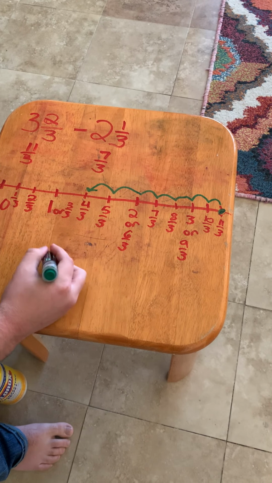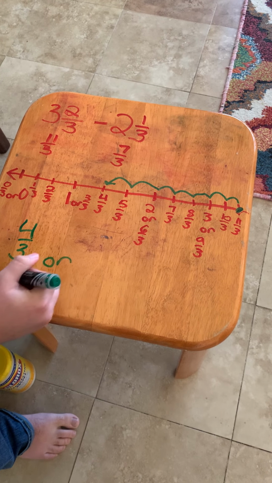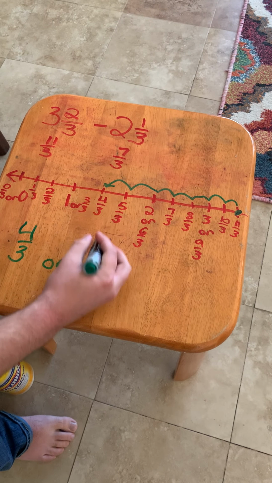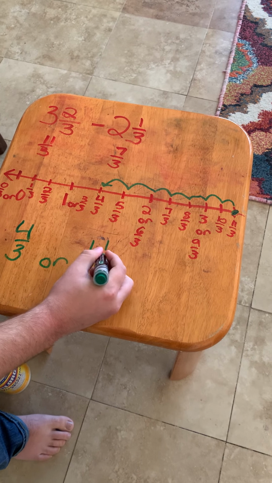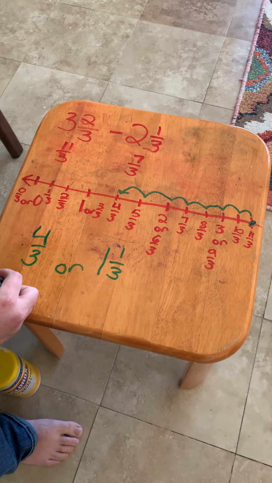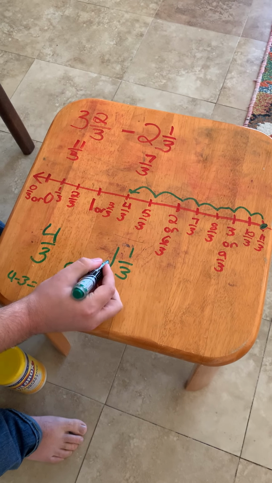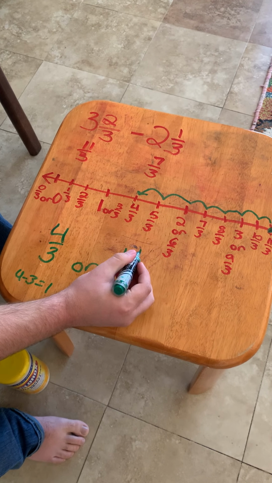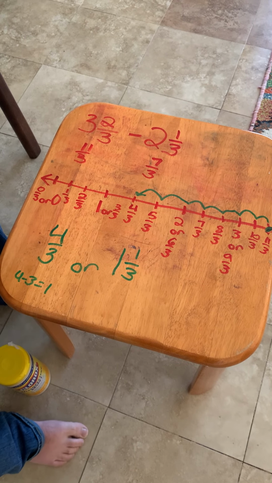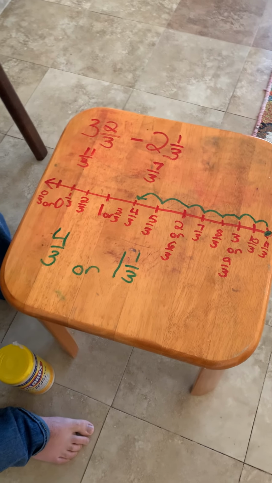My answer would be 4/3. Or if you want to write this as a mixed number, 1 1/3. I took the 3 out of this 4 by subtracting. 4 minus 3 equals 1. That's where this 4 would represent my whole, and the 1 remainder would end up being the fraction. So that's how you can use a number line to solve this problem.